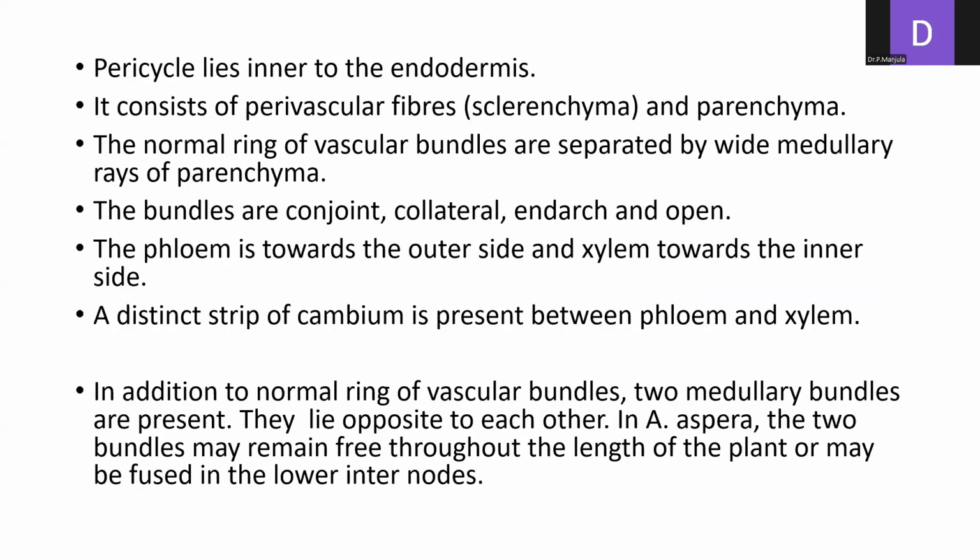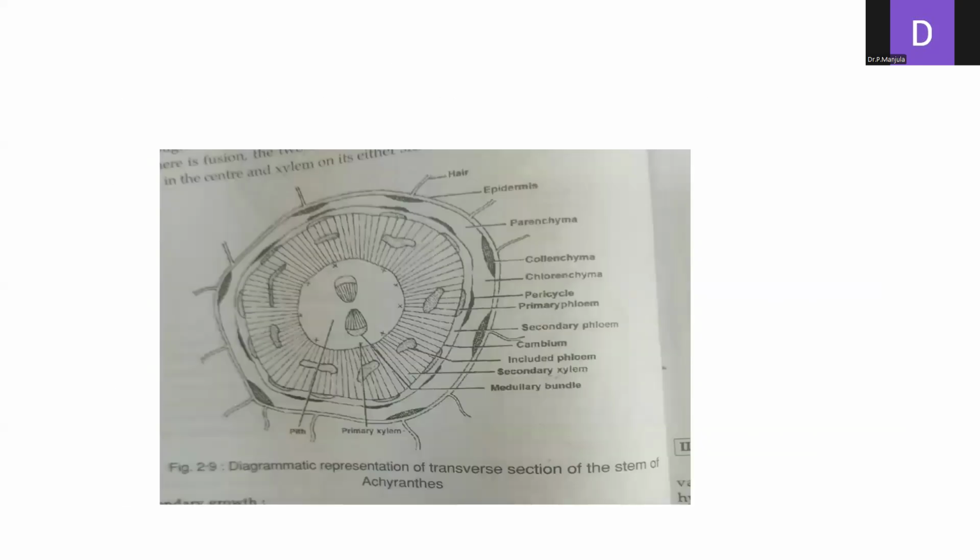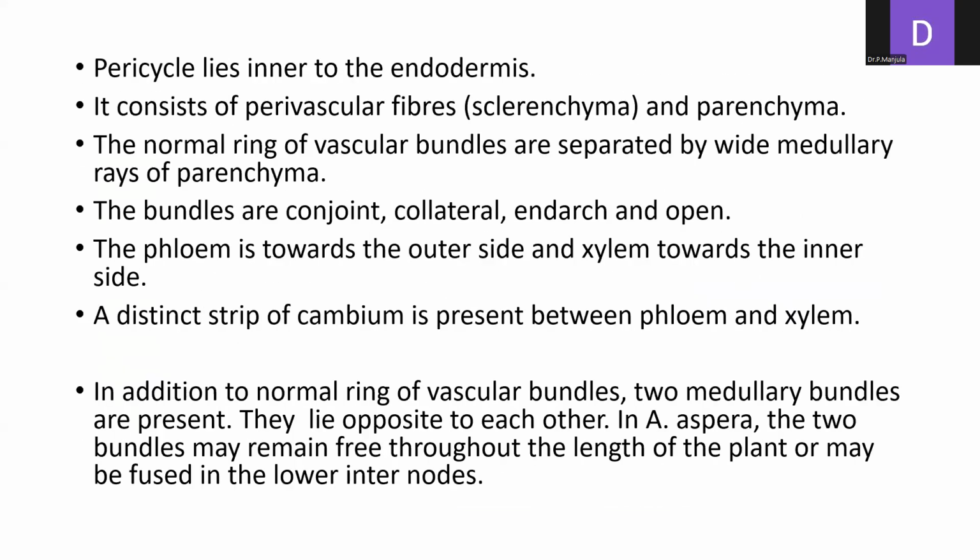The main anomalous secondary activity is only at the region of vascular bundles, producing secondary xylem and secondary phloem, and in between them producing conjunctive tissue.